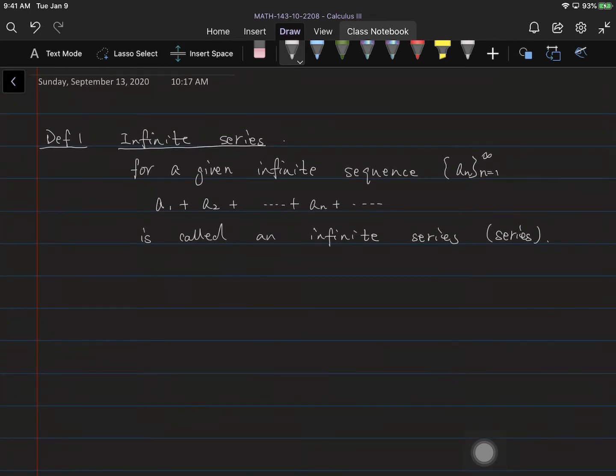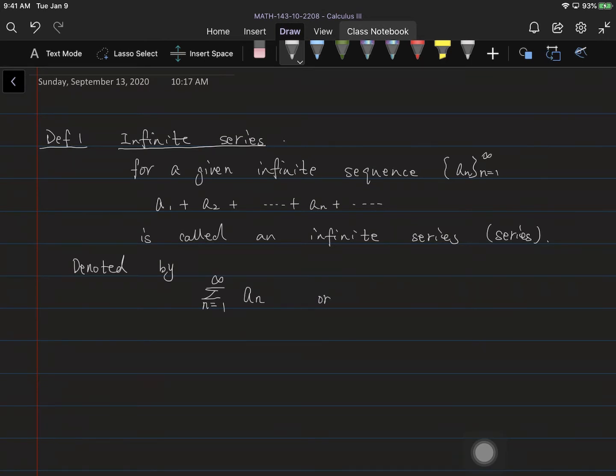Let's take a look at the notation. Because it's a sum of all the numbers, so we are going to use the sum notation. The sum notation is sigma n from 1, because infinite terms, to infinity.